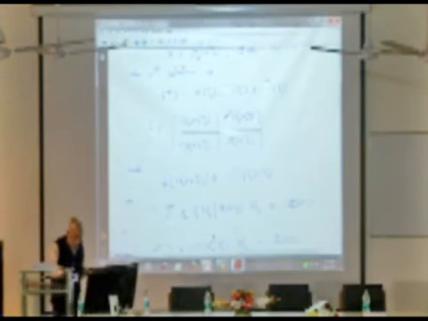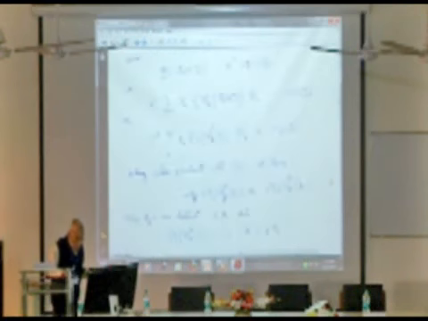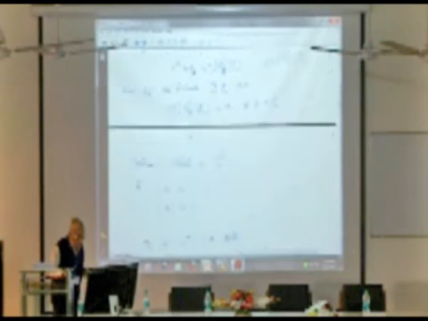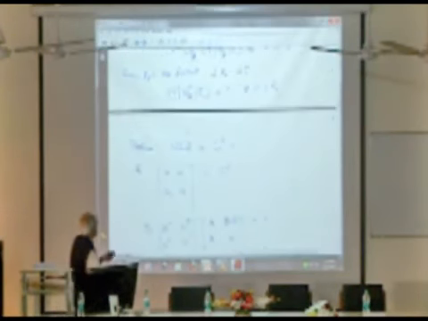But this example has a curious and quite striking feature. Namely, I now take S perpendicular, and I examine what an S perpendicular element looks like. It is a 2n by 2n matrix expressed in blocks.